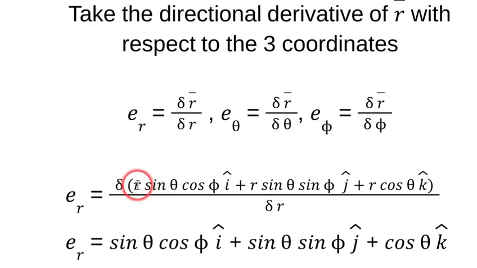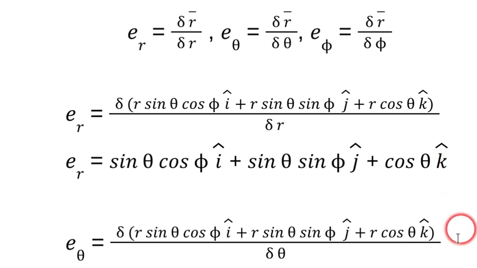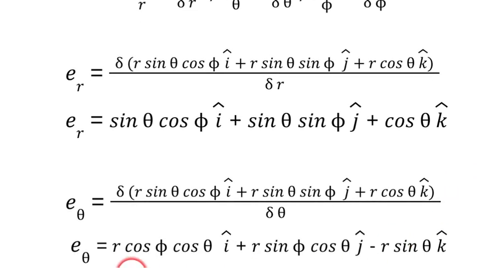So in this case, the derivative of r is just 1. And these are constants because they don't have r in them. So you just write them down. The same thing here, you write it down. The same thing here, you write it down. All right, now let's do theta. Well, this time r and cosine phi are the constants. So you just write those down. And the derivative of sine theta is cosine theta here.